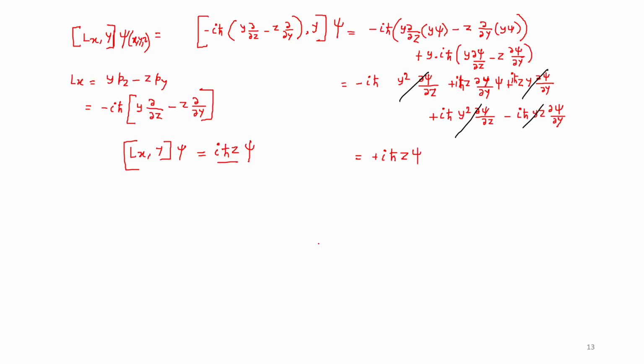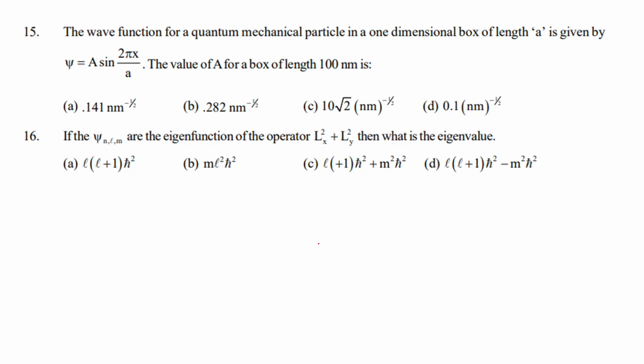Okay. Now let us solve the next set of problems. The wave function for a quantum mechanical particle in a one-dimensional box of length a is given by something, this psi, and the value of a for the box we have to determine. So let us do that here.